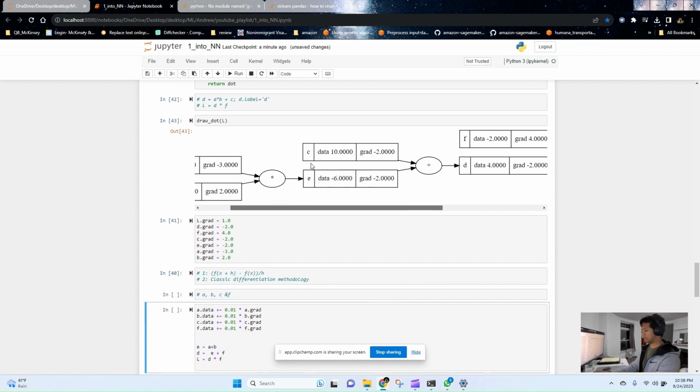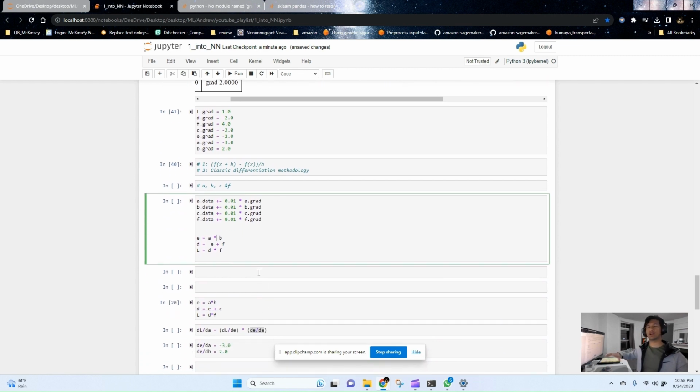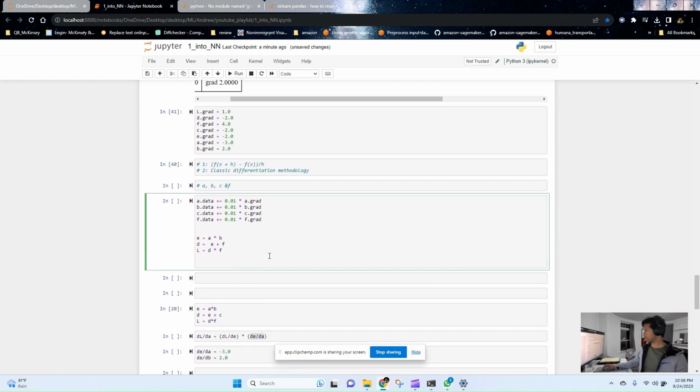So once we do that, what are we expecting? We're expecting that our ultimate L, which is the loss, something that we would like to minimize, starts getting closer to zero. So let's see how much of an L change is happening.